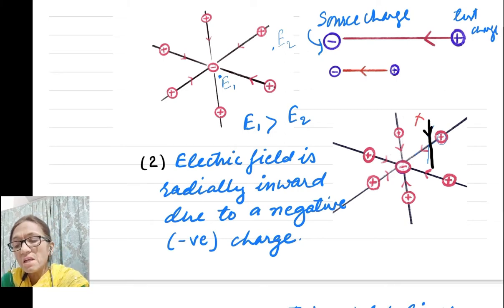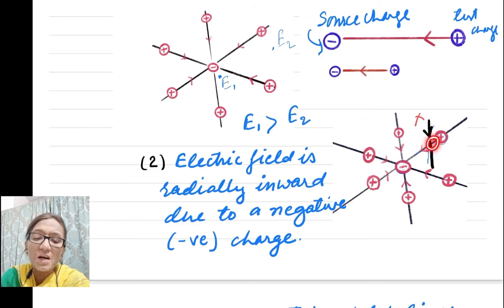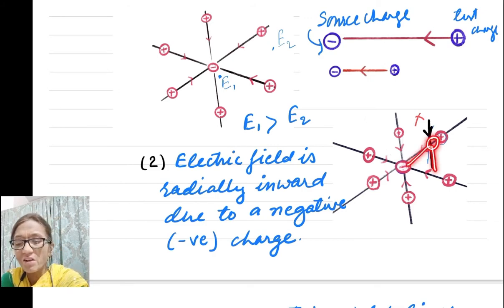Because suppose you are placing a test charge over here, how can the test charge be moving along two directions? A test charge can move only along one direction. So it is not possible that at any one place two field lines are cutting each other.